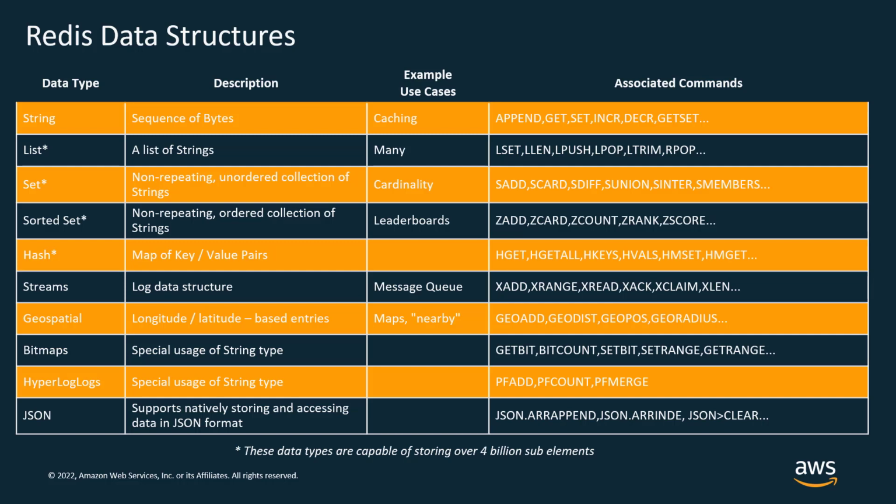A hash in Redis is a generic map of keys and values, making it the ideal data structure for storing complex objects. For example, the key could be the user ID, and attributes could be their name, address, and so on. Hashes are memory efficient and allow for fast queries of named elements without retrieving the whole hash object.